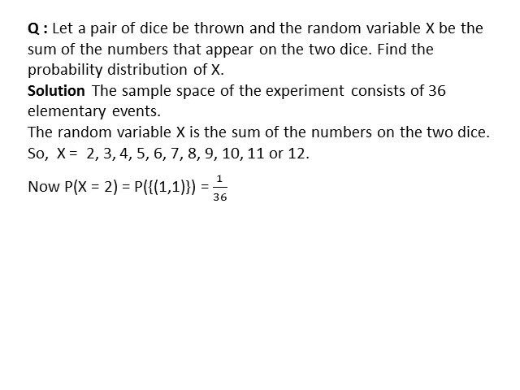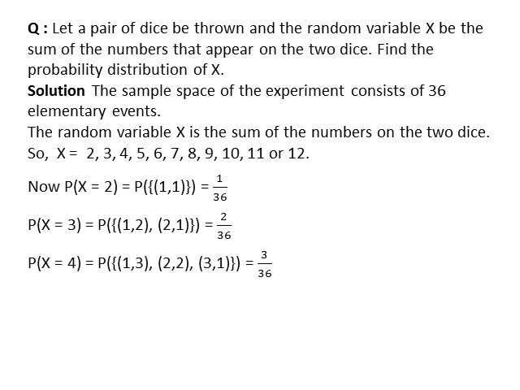Now, the probability of x = 2 is 1/36 because 1,1 is the only favorable outcome for the sum of the numbers equal to 2. Next, the probability of x = 3 is 2/36 because (1,2) and (2,1) are two favorable outcomes for the sum equal to 3.